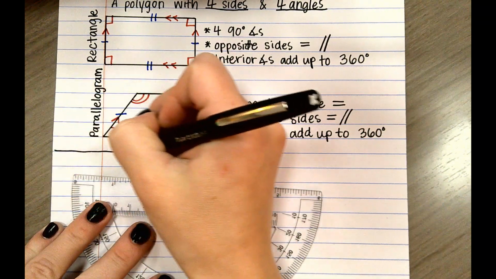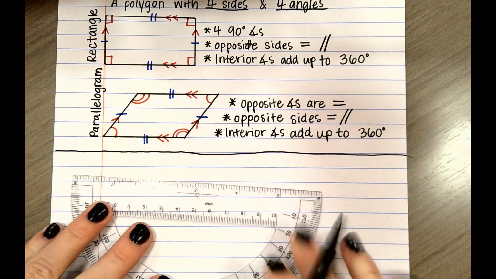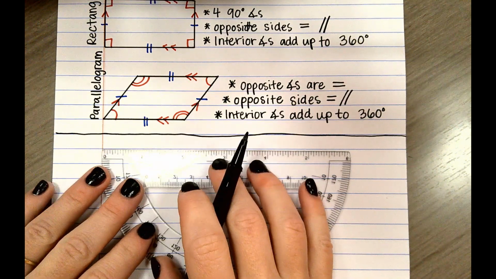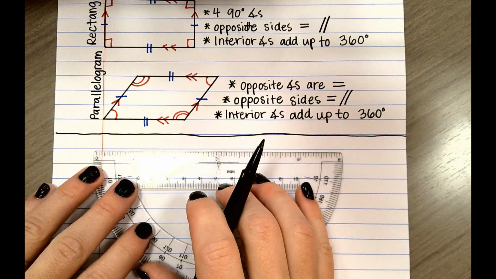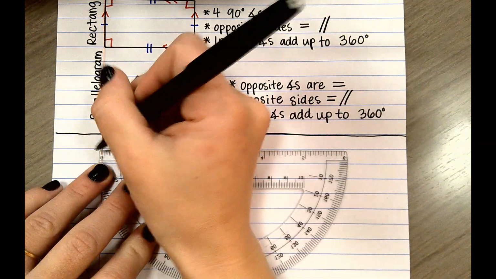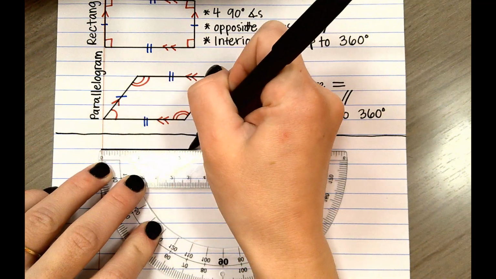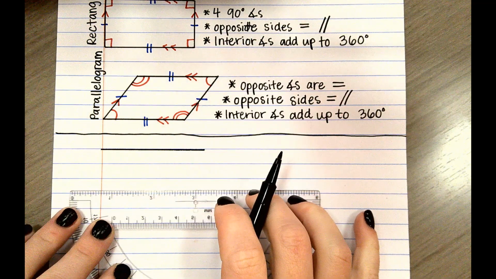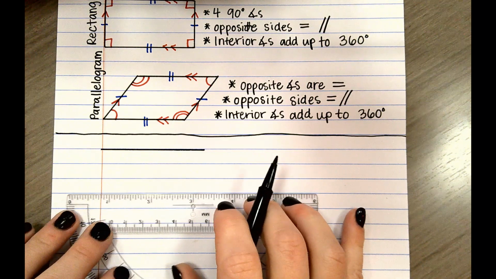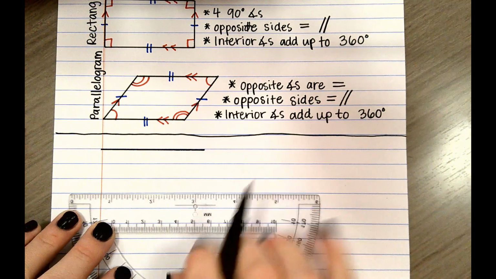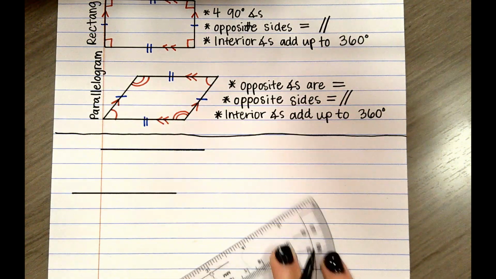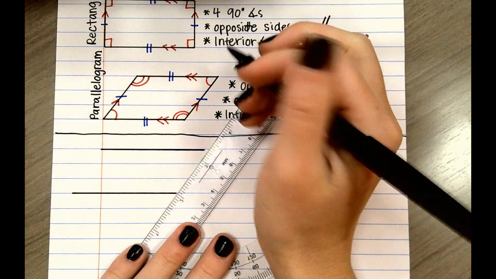So I am going to draw a line here in my notes, and draw one more parallelogram. My side length is about 2.5 inches. And then I'm going to connect the shorter sides here as well.